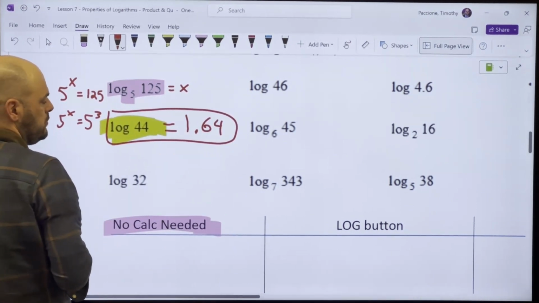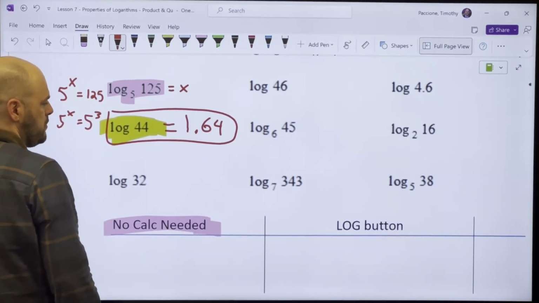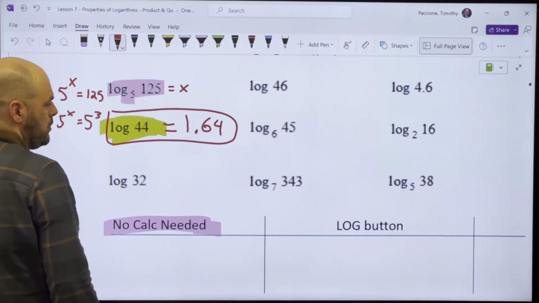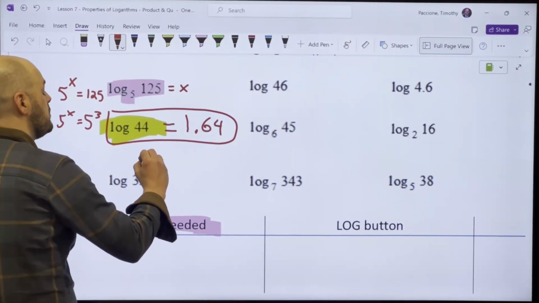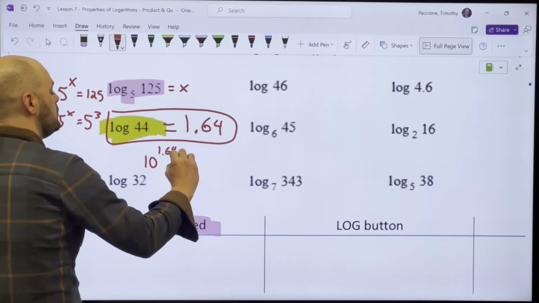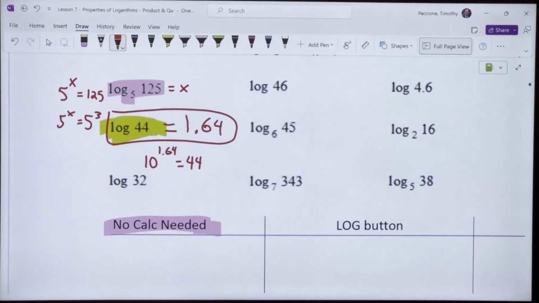It's a log button. What else can I infer from this? The exponent of what? What's my base? 10. So tell me that as a sentence. 10 to the 1.64 equals 44. Exactly. So you just learned what 10 to the 1.64 is.